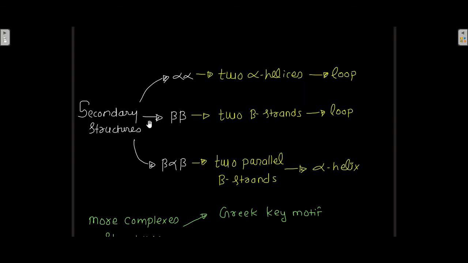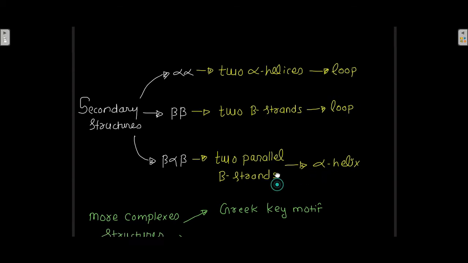Now these super secondary structures can be alpha alpha, beta beta, or beta alpha beta. In case of alpha alpha, 2 alpha helices are connected by a loop. In case of beta beta, 2 beta strands are connected by a loop, and in case of beta alpha beta, 2 parallel beta strands are connected with the alpha helix.